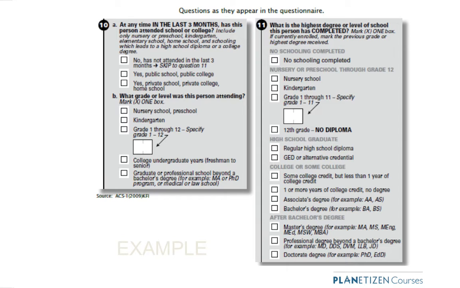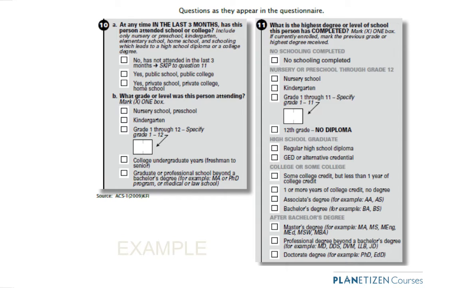For example, 10A, and this is about were you enrolled in school in the last 3 months. So the Census Bureau and the agency sponsoring this have decided that they're going to ask this question in this way. In the last 3 months, were you in school or college? And then it goes on to say, what is schools or college?